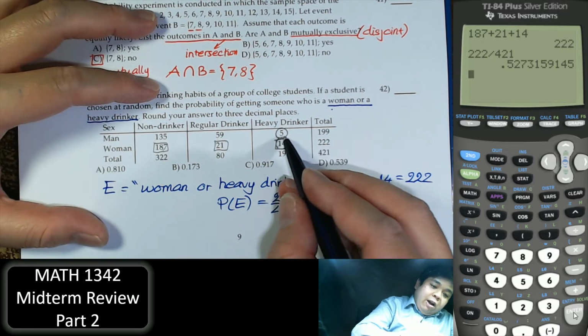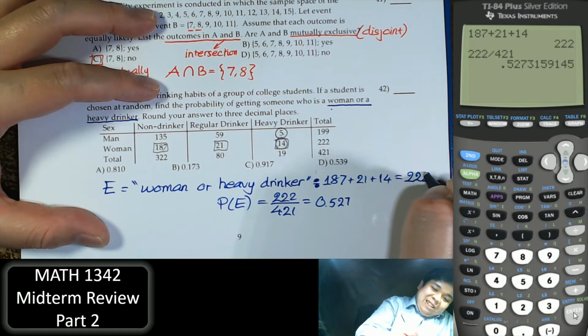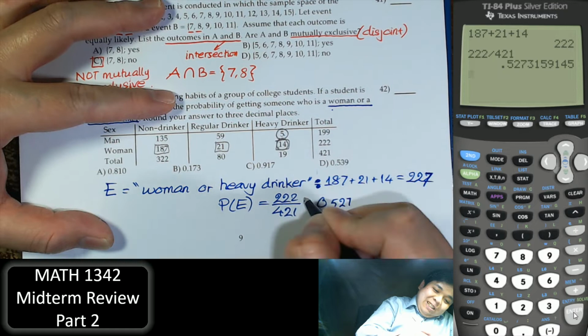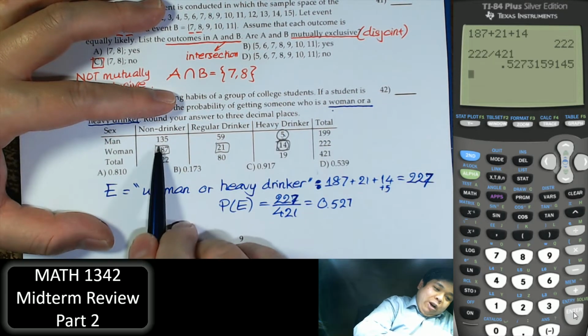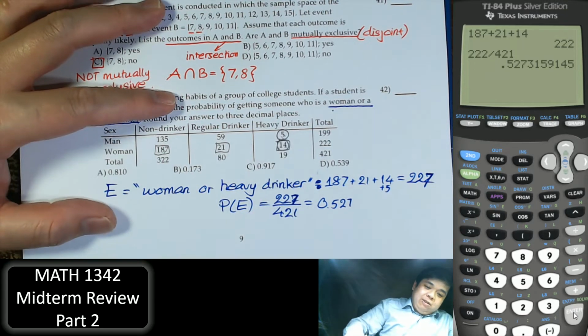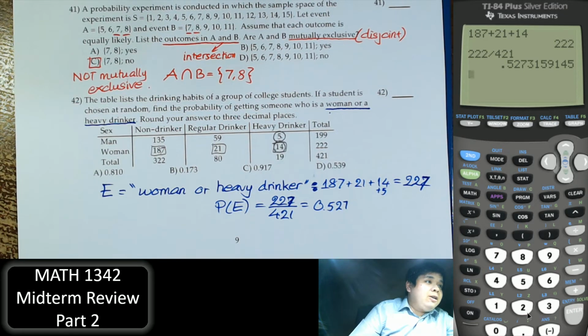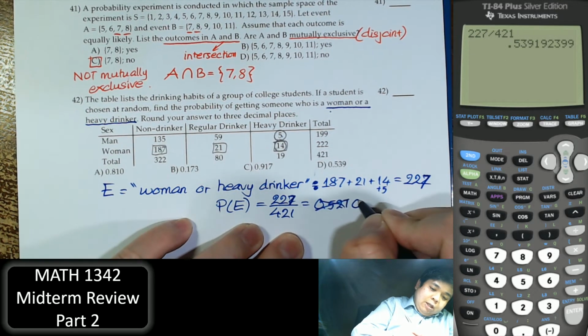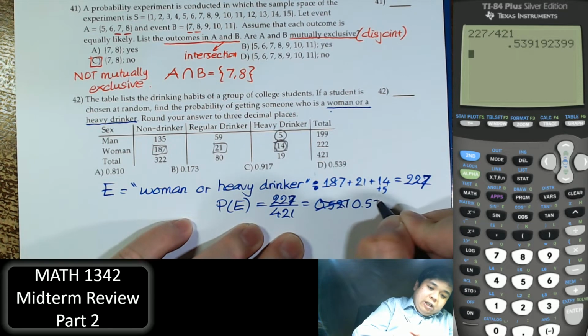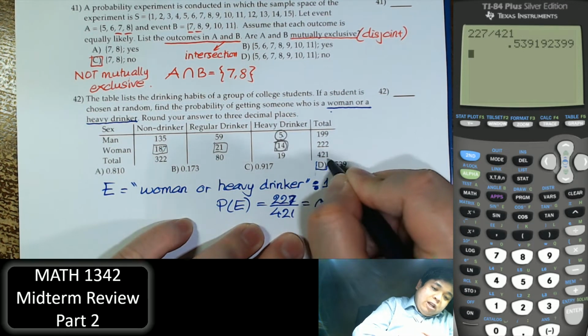Oh, I forgot the 5. Sorry. Yeah, 187, 21, 14, and 5. That gives 0.539. Right, so that is one way to do it.